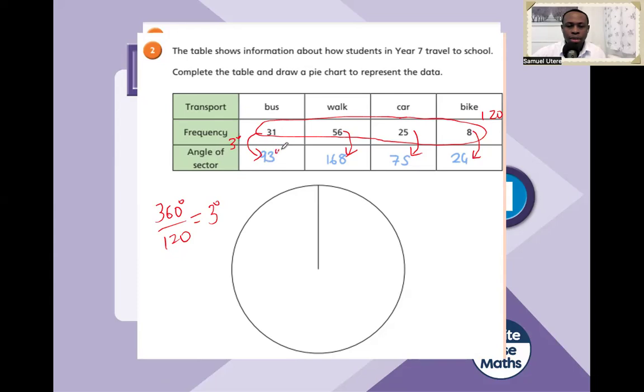93 degrees. 56 times 3 degrees, just a minute, my battery is running low.